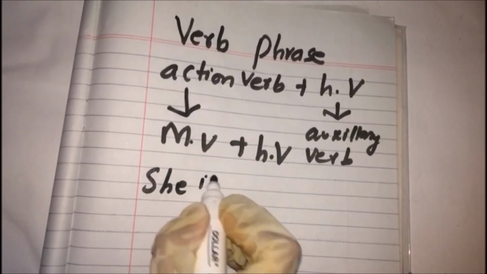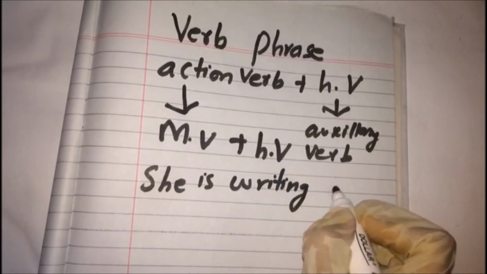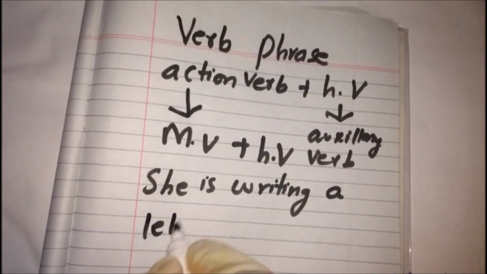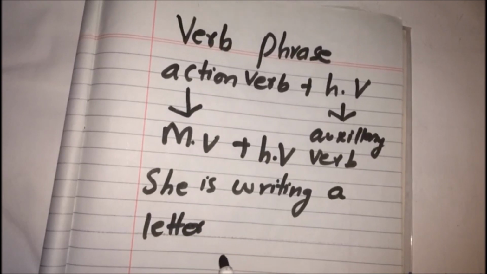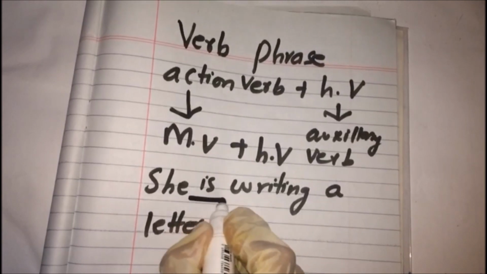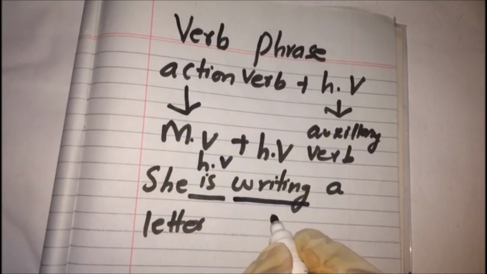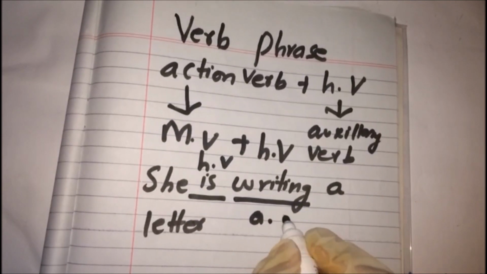She is writing a letter. Now, only focus on the verbs, and we have both verbs. The first one is a helping verb, and writing is an action verb. This is the main verb.